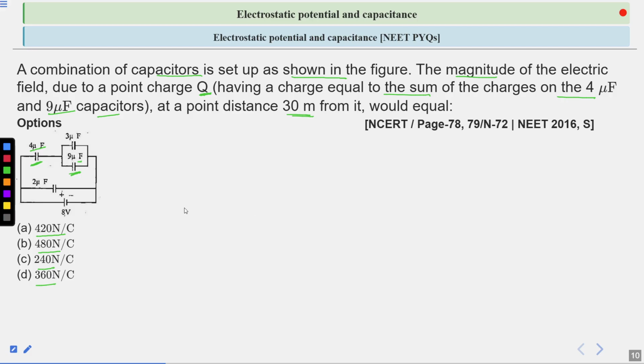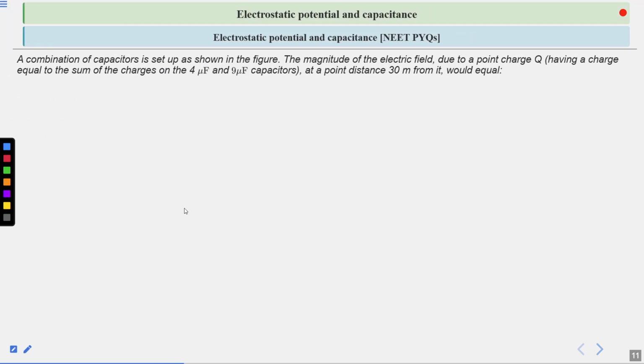So I will give you some time. So the correct option is A, 420 Newton per Coulomb.